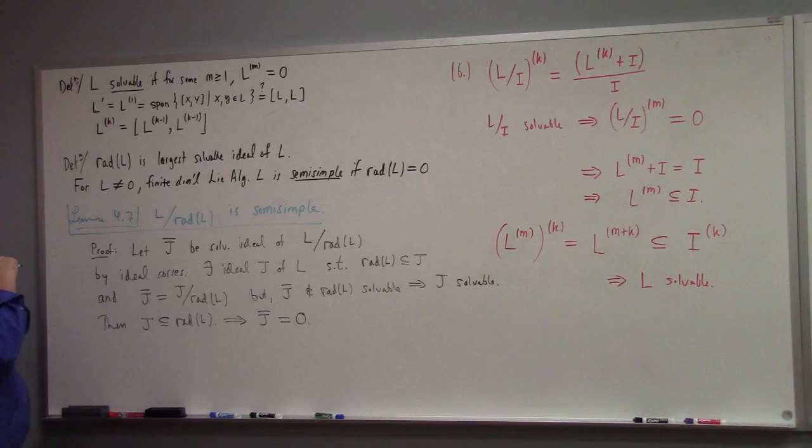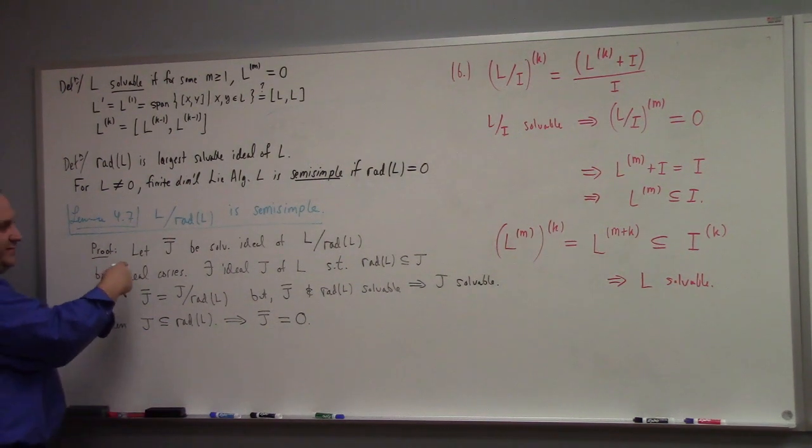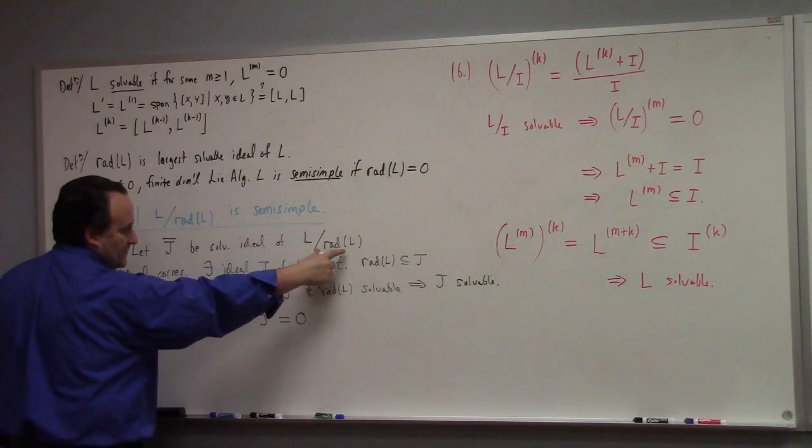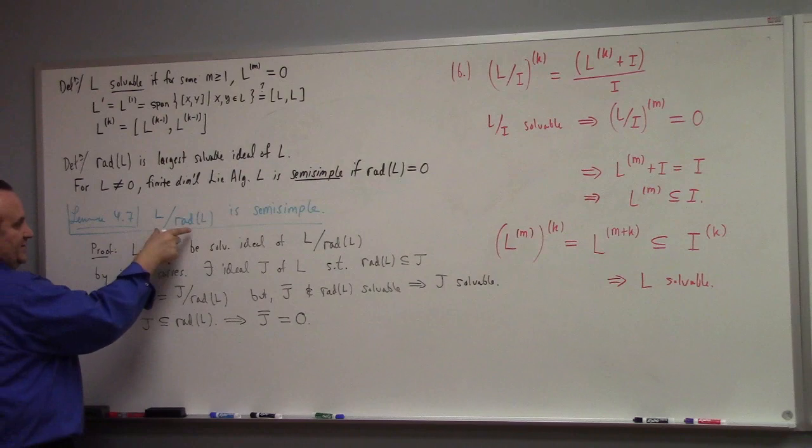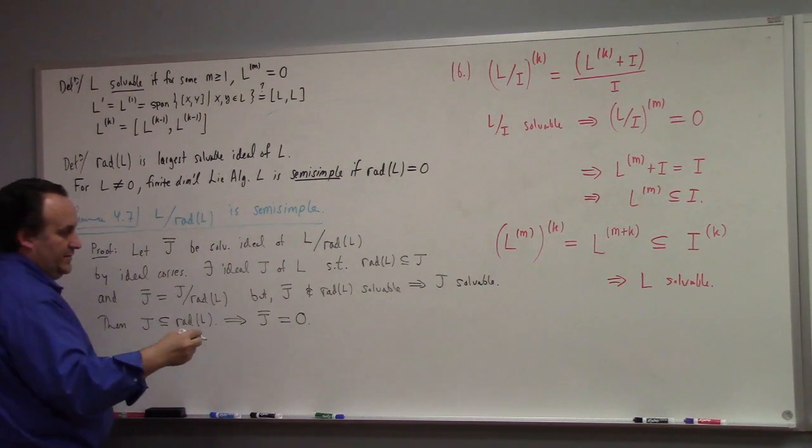But then what does this mean? This means that the only solvable ideal of the quotient is the 0 ideal. That means this is semi-simple.